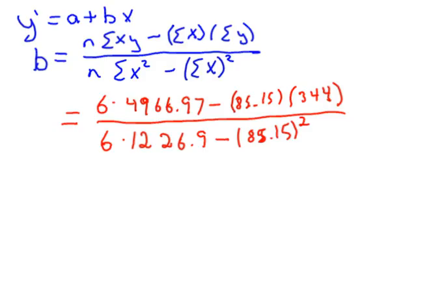You should have then substituted in your values. 6 times 4,966.97 minus your 85.15 times 344, all of that over the 6 times 1,226.9 minus the 85.15 squared. That's your substitution step.